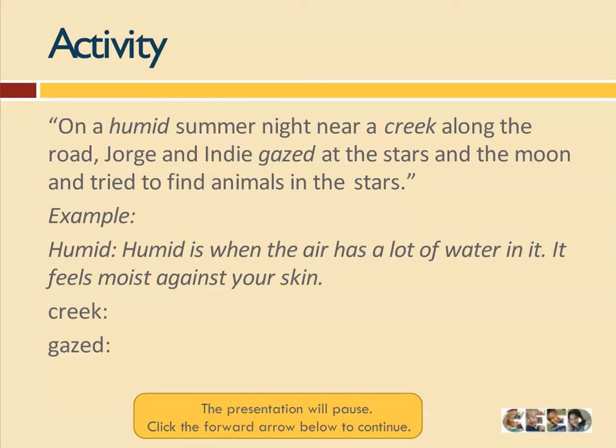So perhaps if the word humid may be a little unfamiliar to them, the teacher could say, humid is when the air has a lot of water in it. It feels moist against your skin. Now do the same with creek and gazed.